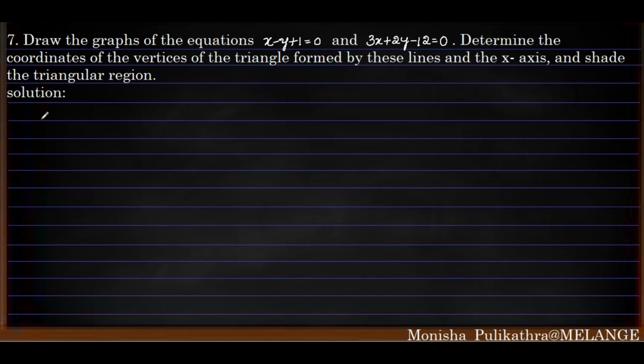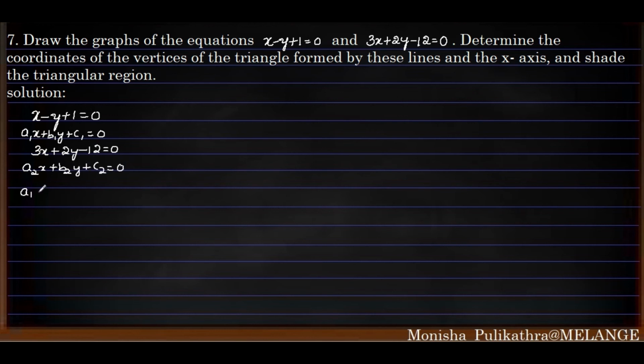Okay. So here the first equation is x minus y plus 1 is equal to 0, which is of the form a1x plus b1y plus c1 is equal to 0. The next equation is 3x plus 2y minus 12 is equal to 0, which is of the form a2x plus b2y plus c2 is equal to 0.